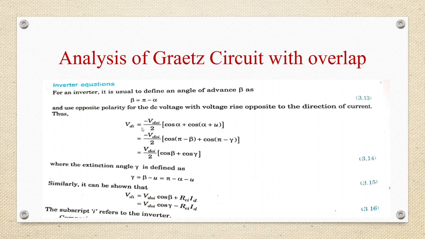So therefore VDI is equal to minus VD0I by 2 into cos alpha plus cos of alpha plus U, that is minus VD0I by 2 times cos (pi minus beta) plus cos (pi minus gamma), that is VD0I by 2 times cos beta plus cos gamma, where the extension angle gamma is defined as gamma is equal to beta minus U, that is equal to pi minus alpha minus U. Similarly, it can be shown that VDI is equal to VD0I cos beta plus RCI ID or VD is equal to VD0I cos gamma minus RCI ID.